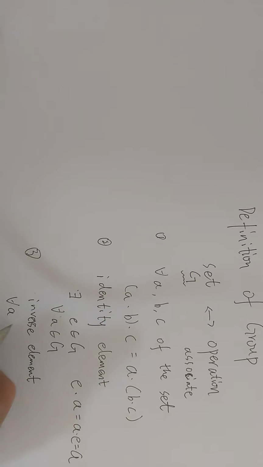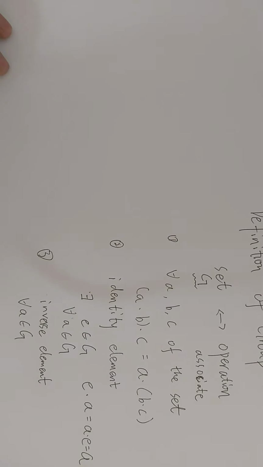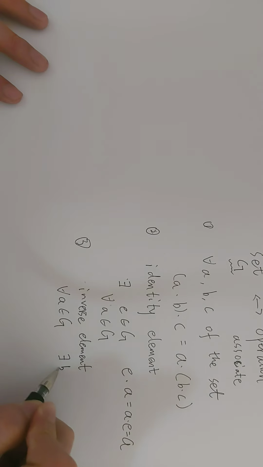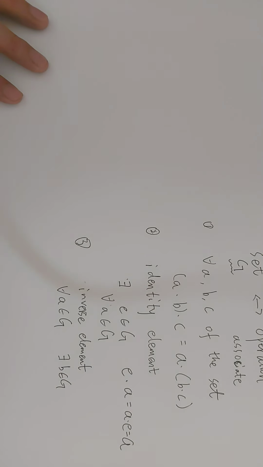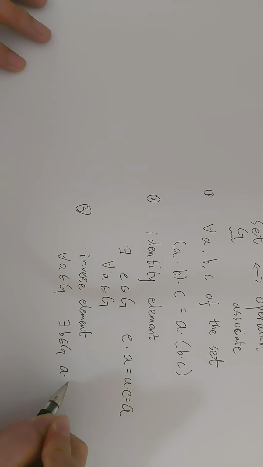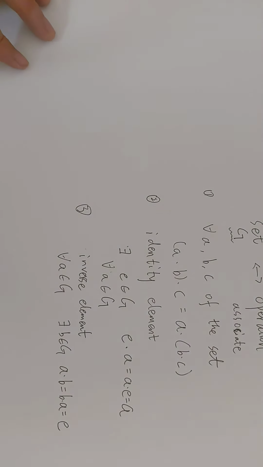For example, for arbitrary A in G, there exists B in G which makes A operate B equals B operate A, and equals the identity element.